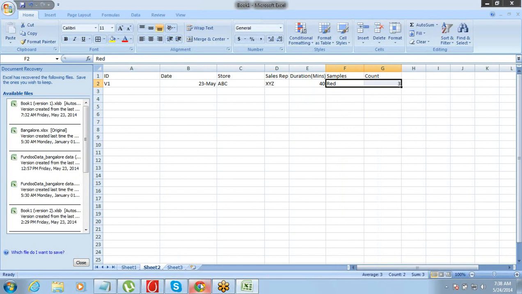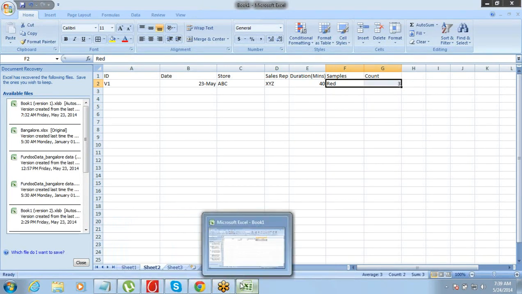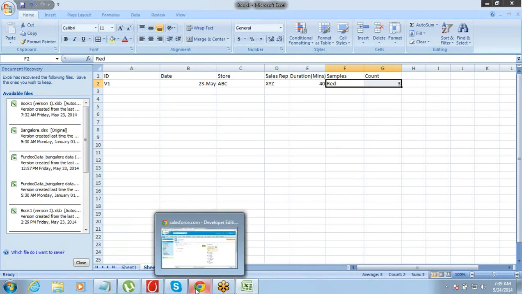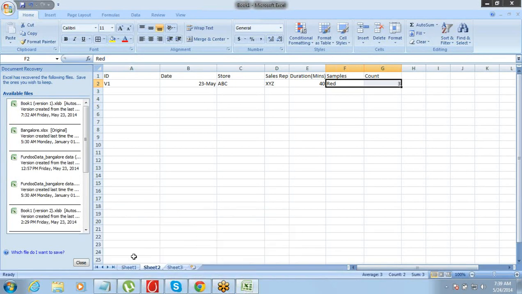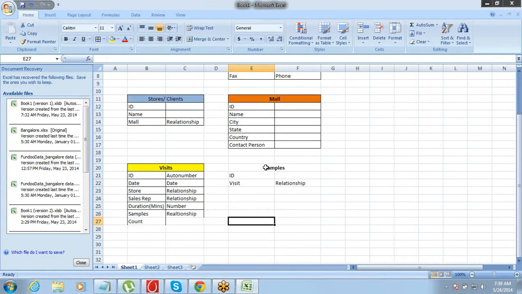So for that, we would now need to go back to our sheet 1. We are on sheet 1, right? And create this other object for tracking samples. So here you track your samples.